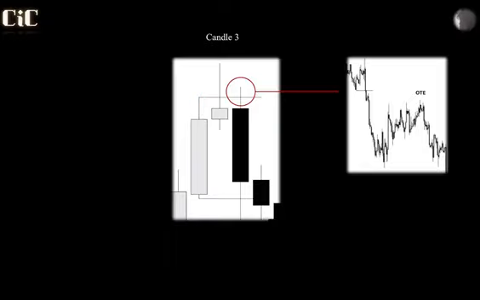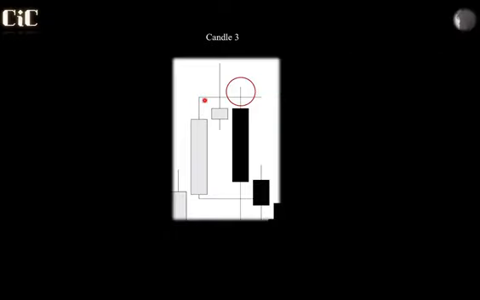So if you go inside candle 2, you'll see that there was a market structure shift to bearish, and then an OTE in candle 3, only looking at the wick. So you can see the higher time frame candles from the lower time frame, and you can see the lower time frame from the higher time frame.